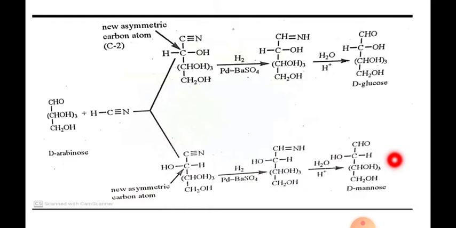When the imine is hydrolyzed, it is converted into an aldehyde group with the formation of two epimers, glucose and mannose. In this way, a 5 carbon sugar has been converted into a 6 carbon sugar. This is the chain lengthening.